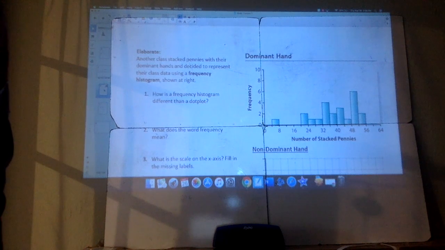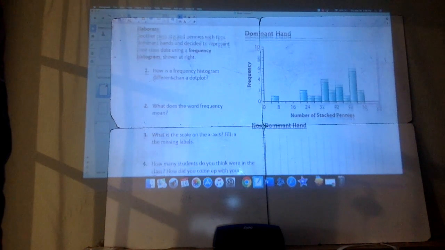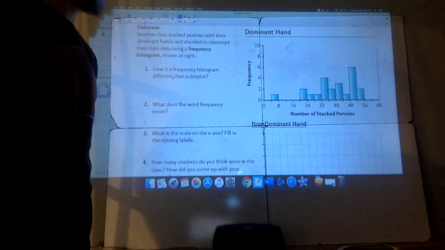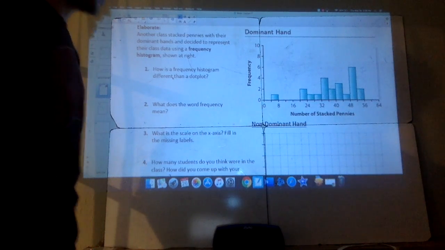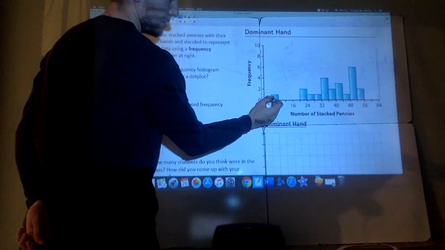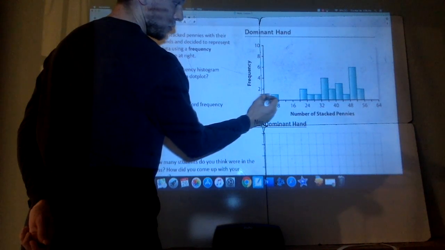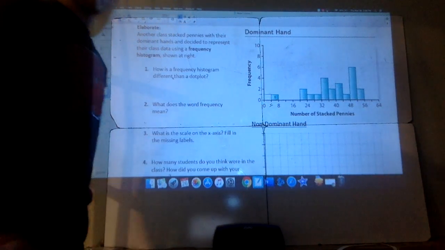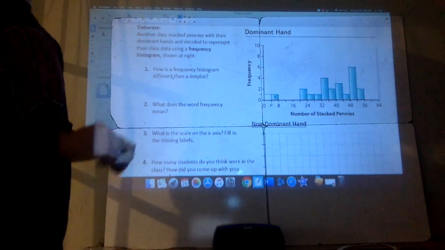Well, a frequency histogram represents how many fit into a certain category. So if you look at this right here, this is 1 tall, and 1 person was between 4 and 8 pennies stacked.